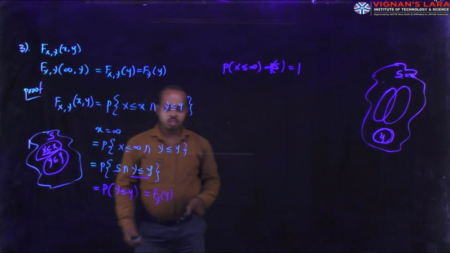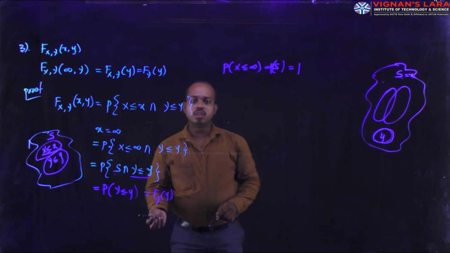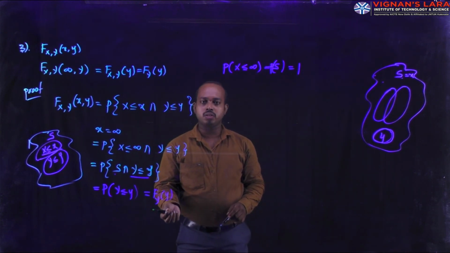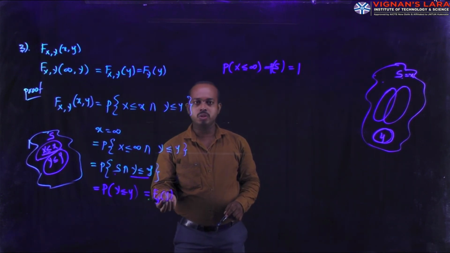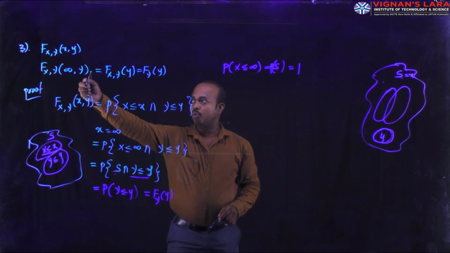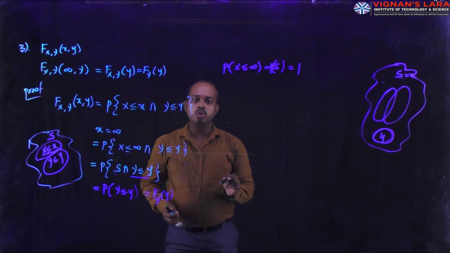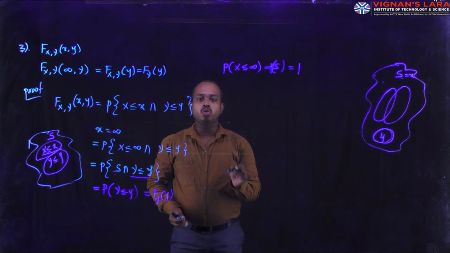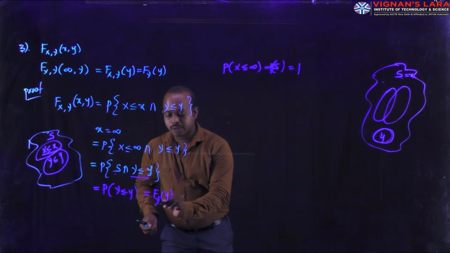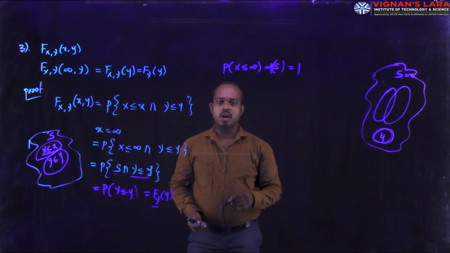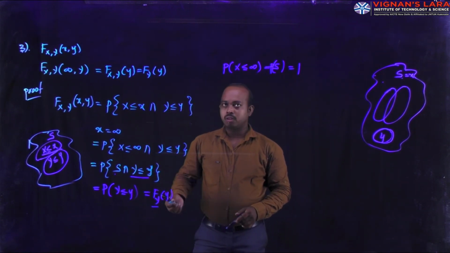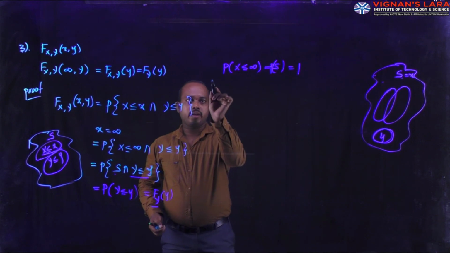This function is called the joint distribution function. For this joint distribution function, when x is equal to infinity, it is called the marginal distribution function of the random variable y. You can see the next property is the fourth one.